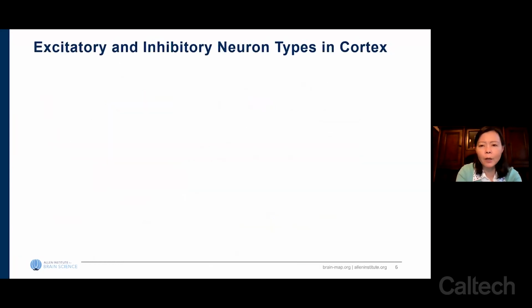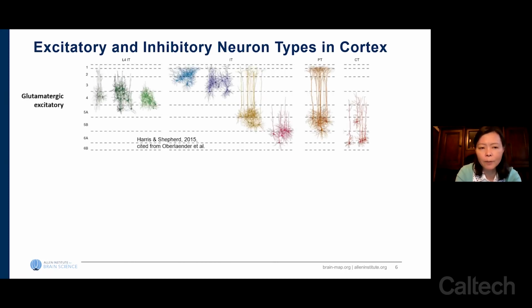More specifically, our effort started with the study of cell types in the cortex. There are two major classes of neurons in cortex. The first is the glutamatergic excitatory neurons, which are generated developmentally within the cortex per se from the ventricular and subventricular zones, migrating radially upwards in an inside-out manner to form the major layers of the cortex.